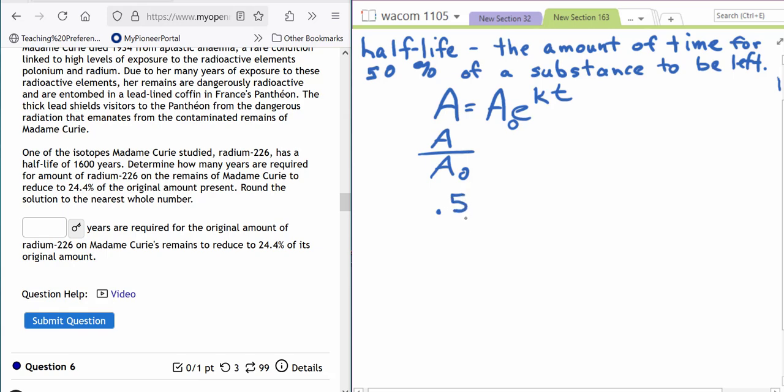So 0.50, this is 50%. We will use 0.5 there. This is what we're doing. And that will equal e to the K times T, and we're looking for K, but we know the T is going to be the 1600 years which they gave us.